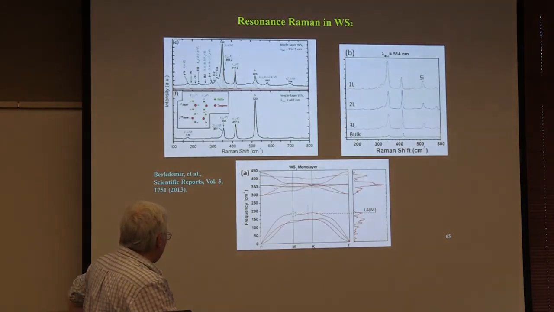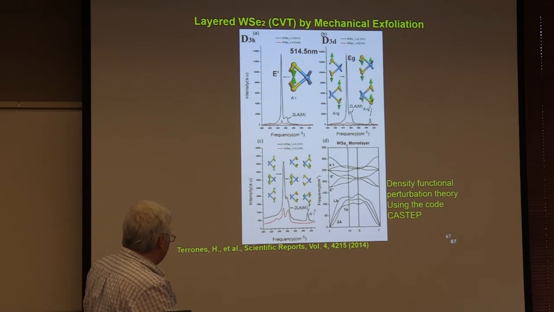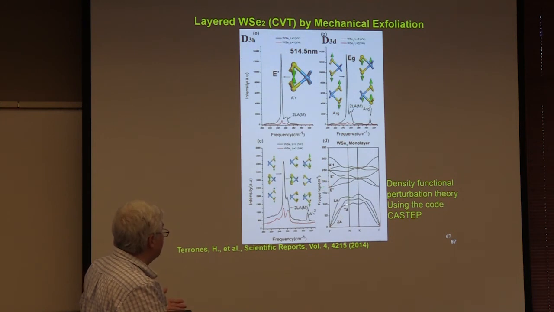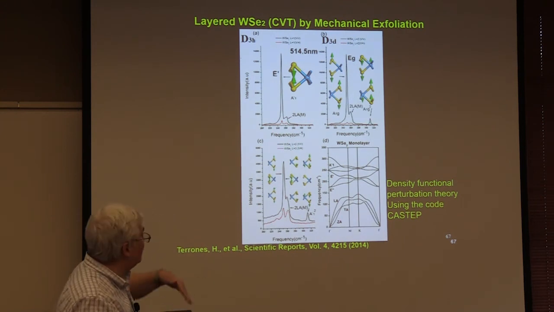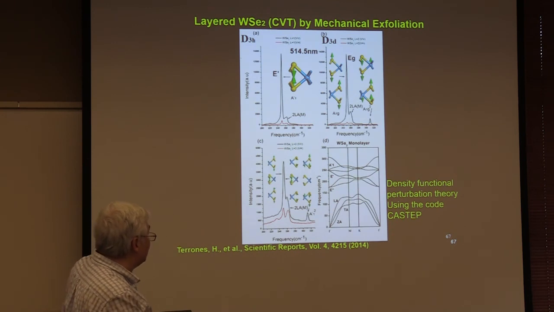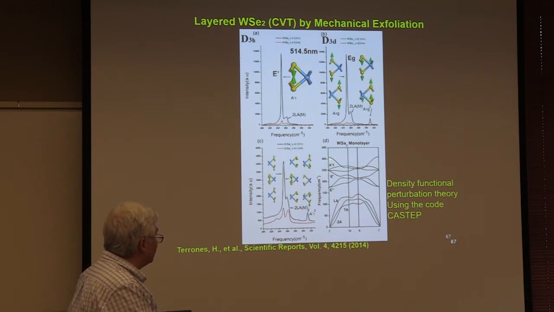So I will show you another case in which we found, by calculating the phonon dispersions, that a small peak that appears in few-layer tungsten diselenide is related to this band. If you have a monolayer, this is not going to be Raman active.